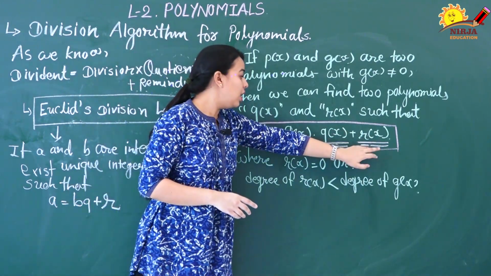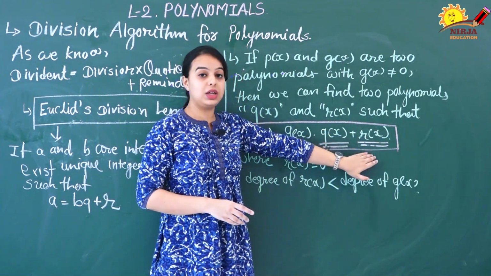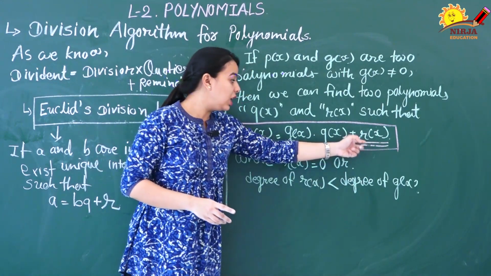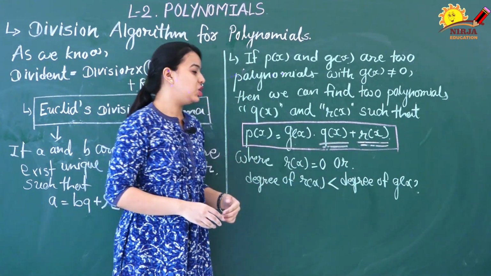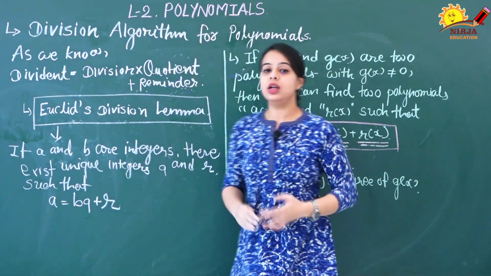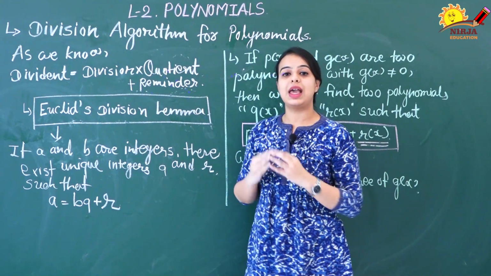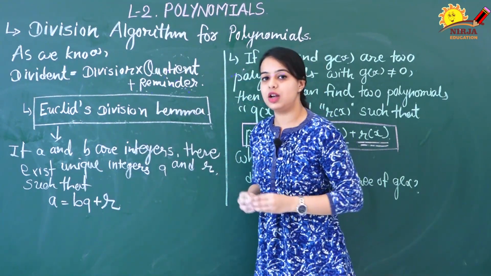Here r of x, the polynomial which we get as remainder, can be equal to 0 or the degree of this polynomial can be less than that of g of x. So my dear students, this is the division algorithm for polynomials, which looks exactly like Euclid's division lemma, which we have studied in the first chapter.